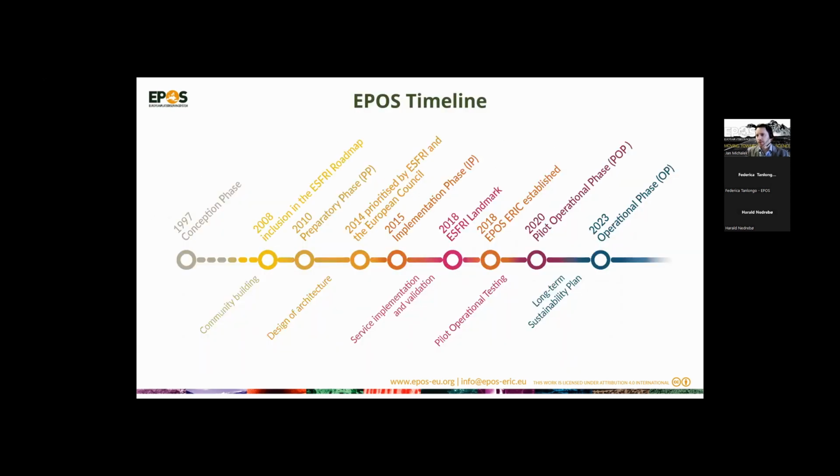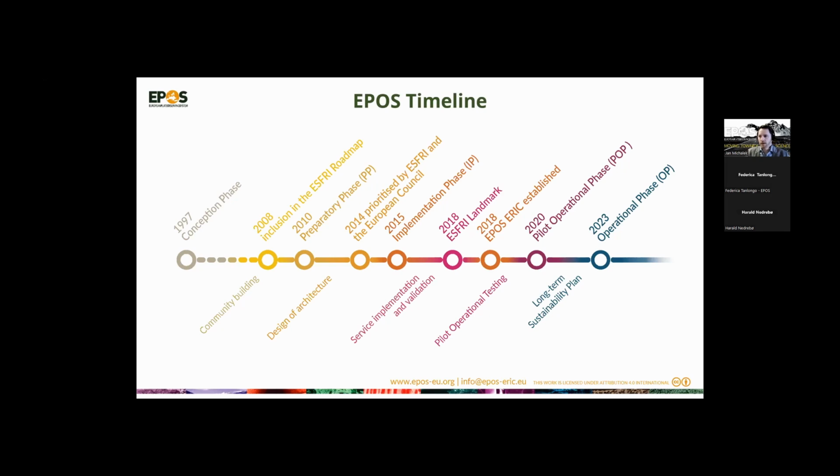ERIC stands for European Research Infrastructure Consortium, which was established in 2018, as you see here on this slide. Now it's a legal body residing in Rome and governing the further EPOS developments. In 2023, the EPOS data portal, as the main product, was launched into operation during the EGU in Vienna.